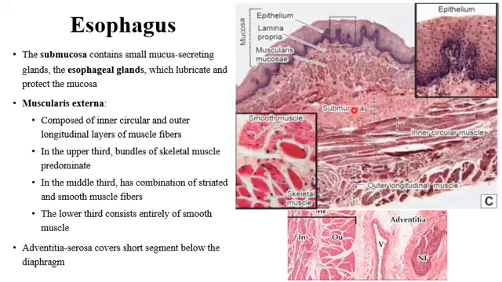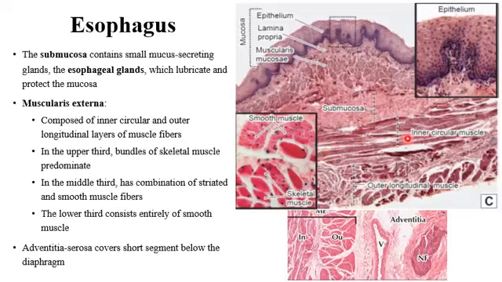Back to the middle third of the esophagus. Here we have the two types of muscle fibers. Here are bundles of smooth muscle fibers together with bundles of skeletal muscle fibers in this part of the esophagus.